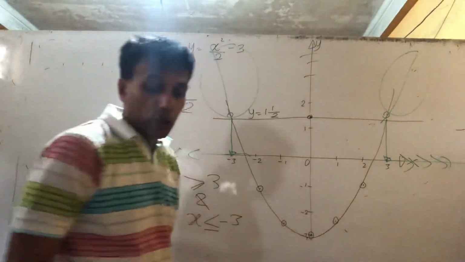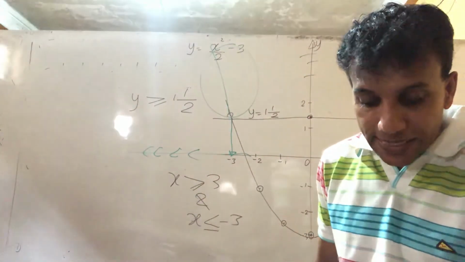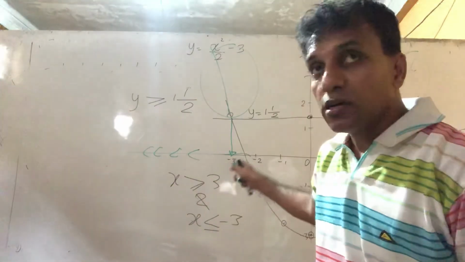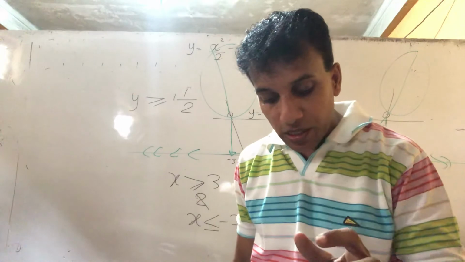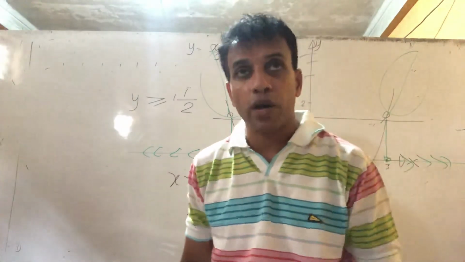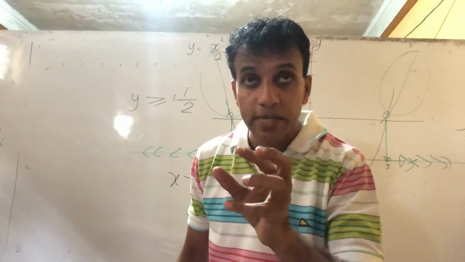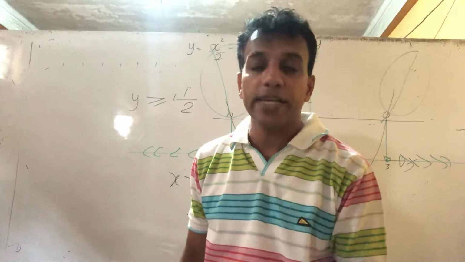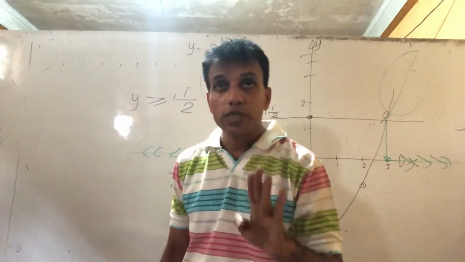The same idea, using your graph, find the interval of values of x where the function is less than minus 1. Note this, mark it in red color, highlighted. Function, y, graph, all same meaning, right? Function, graph, y value, all same meaning.